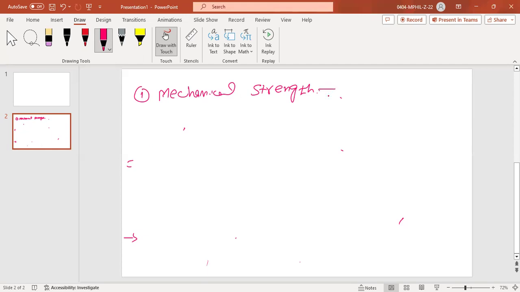Because of this mechanical strength, it maintains its turgidity. Yes sir, turgidity. Sir, turgidity protects it from bursting.